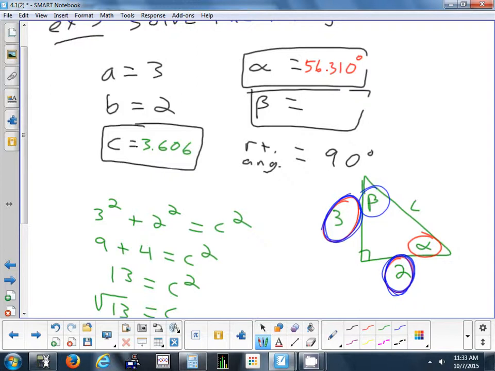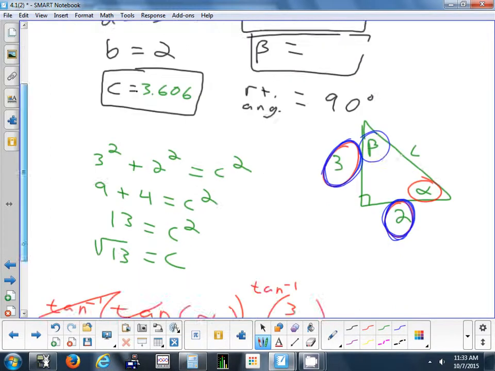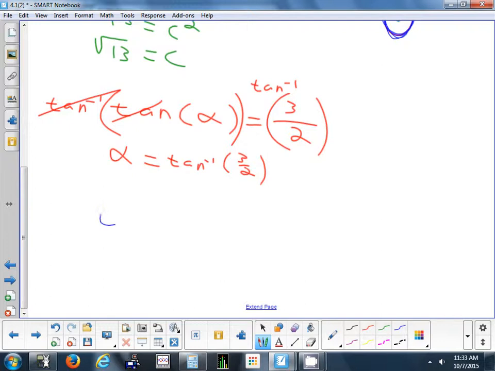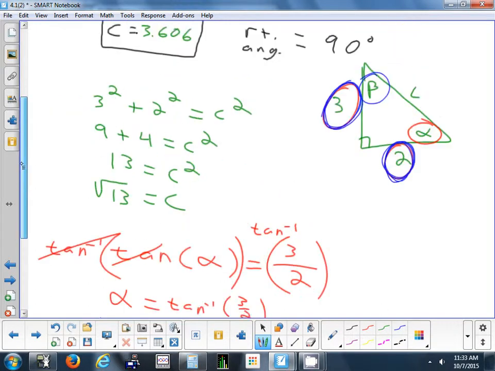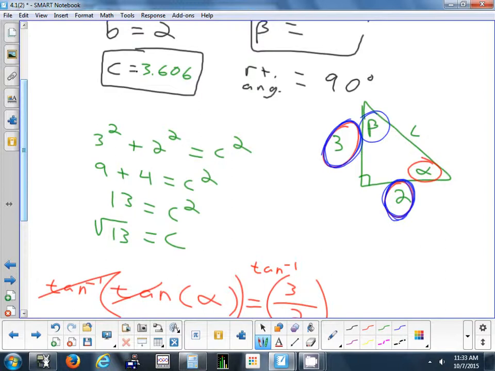Okay, it's still opposite and adjacent. So, tangent of beta. But what's the difference? Adjacent and opposite just switch places. Now the opposite is 2. Adjacent is 3. Any question on that?